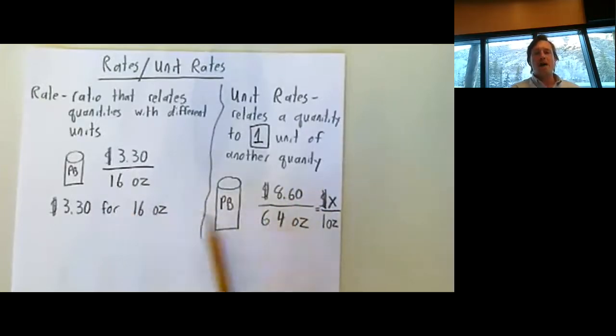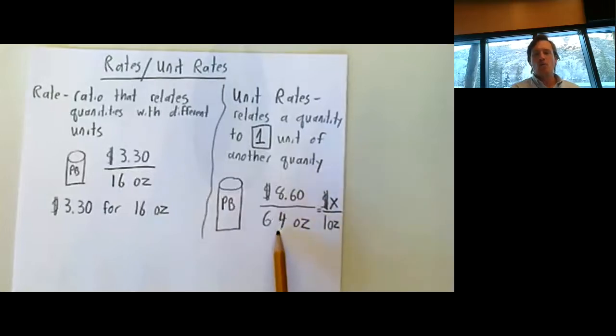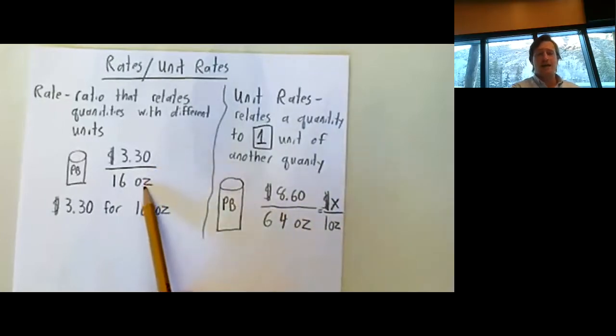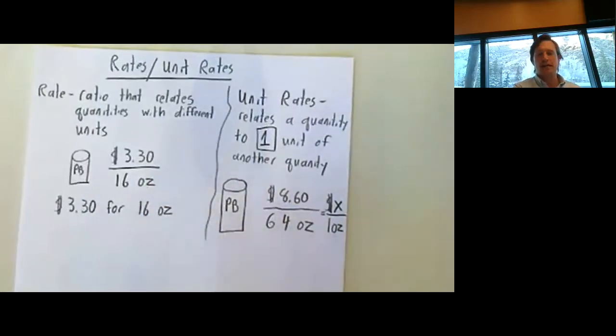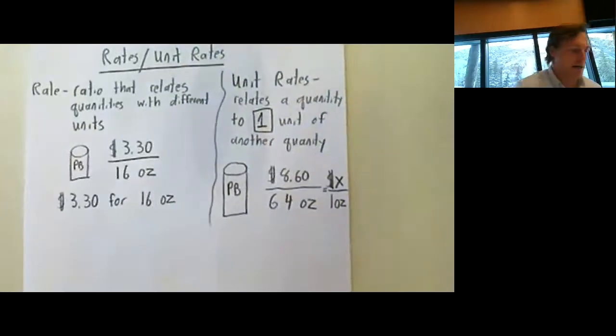Which one is the better buy? Now this one's more expensive, but we get more ounces of peanut butter. This one's cheaper, but we get less. So when they're differentiated in that way, we need to figure out the unit rate. How much does 1 ounce of that peanut butter cost in each scenario? And the lower cost is going to be our better buy.